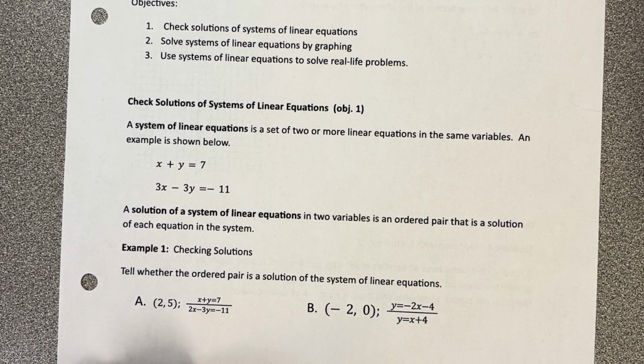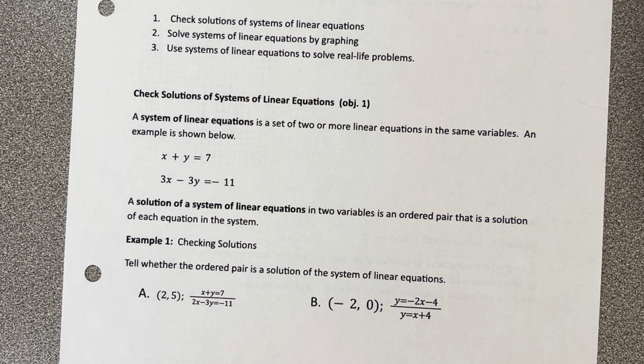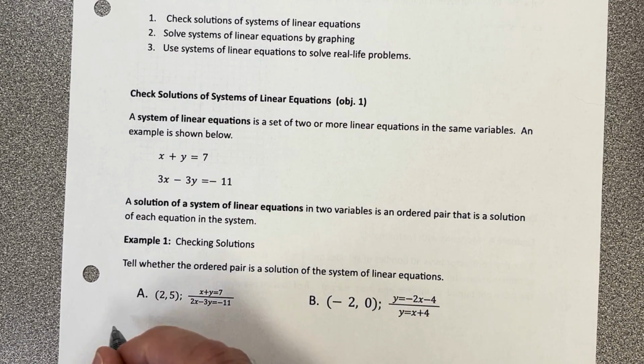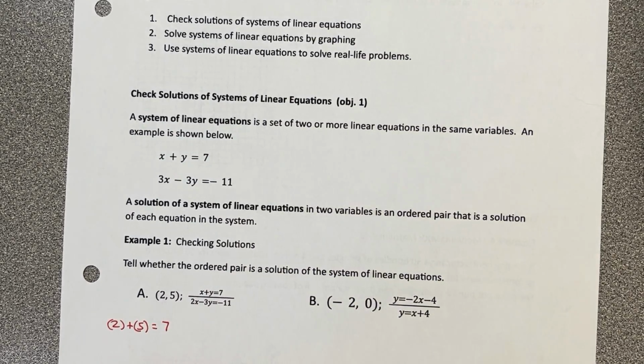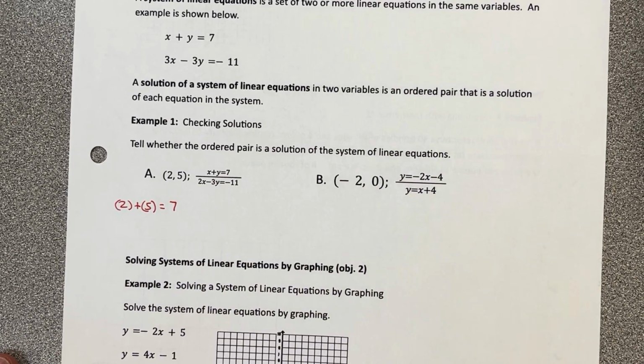It looks like something out of Algebra 2. But anyway, there's our first equation. There's our second equation. You have to check both of them to see if it works. So be really careful when you substitute in. And then once you get it substituted in, oftentimes you can do the rest in your head.